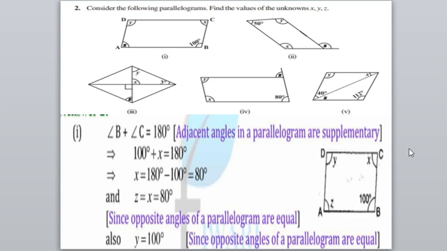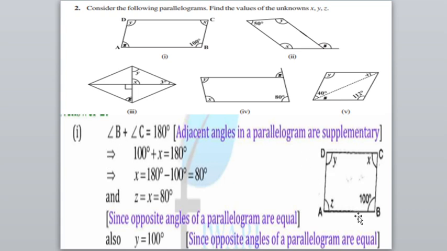It means here we have to find out angle C, angle D and angle A. So now angle B plus angle C equals 180 degrees, because angle B and angle C are adjacent angles, and adjacent angles are supplementary, and the measure of supplementary angles is always 180 degrees. Adjacent angles in a parallelogram are supplementary.